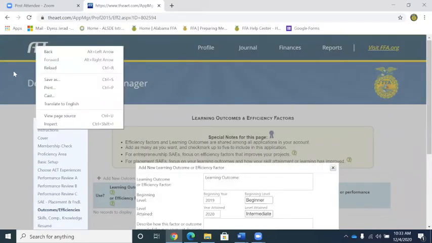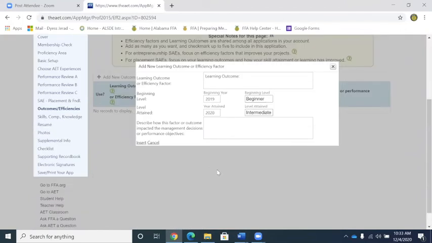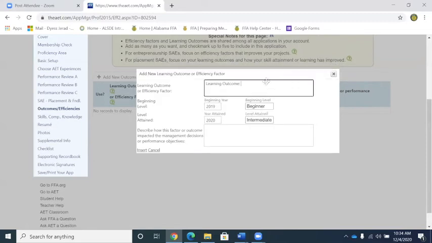When you start doing outcomes and efficiencies and skills, competencies and knowledge, that's a big outcome area. And it says to do 5. You can do as many as you want to do, and I think it's a good idea to do a bunch of them and then pick the 5 that you want to do. I think this is a 10-point area, which out of 100, that can mean the difference in being gold and silver, or bronze and silver.